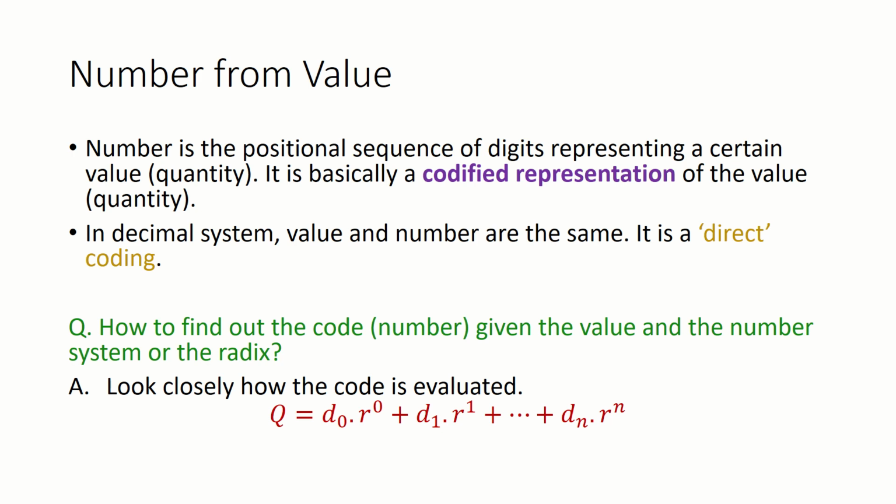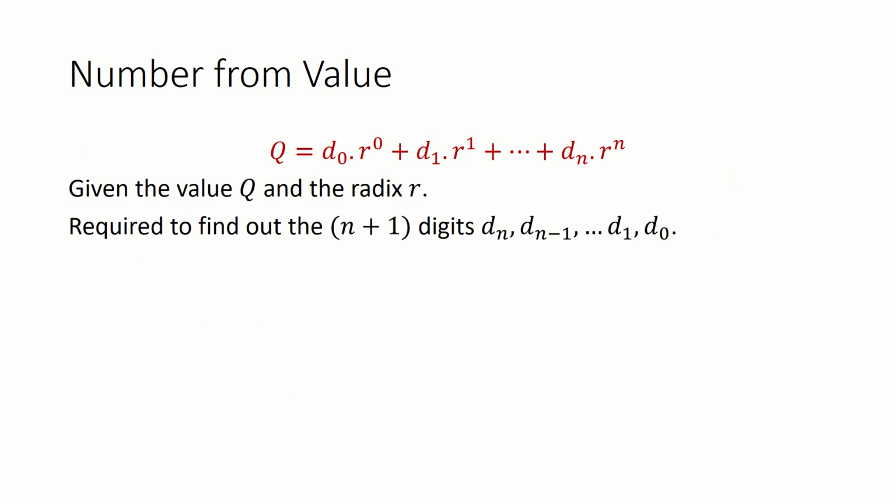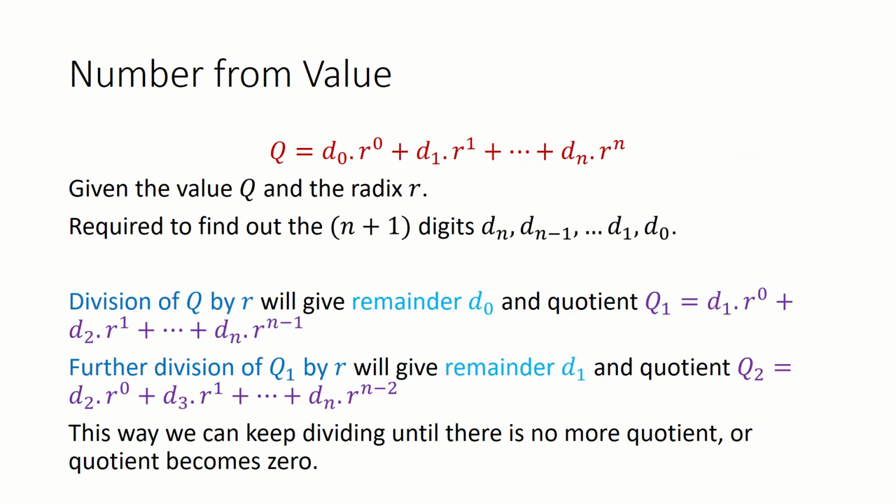Now, this is how the problem is posed: you are required to find these n plus 1 digits. You notice this: if you divide the quantity Q by r, what will be the remainder and what will be the quotient?